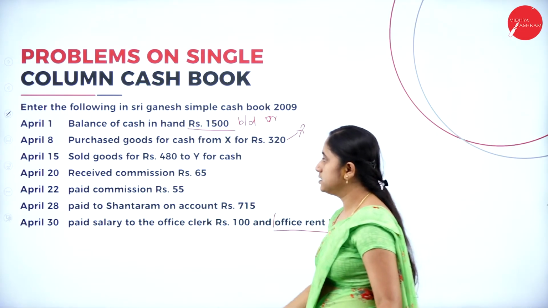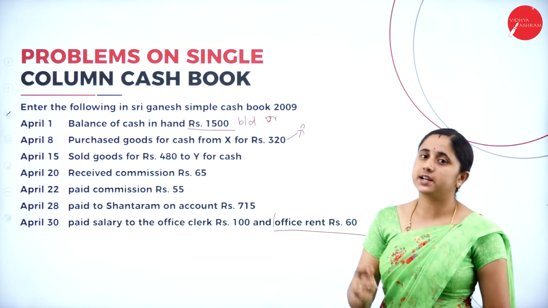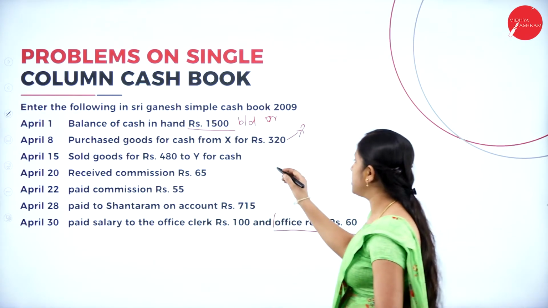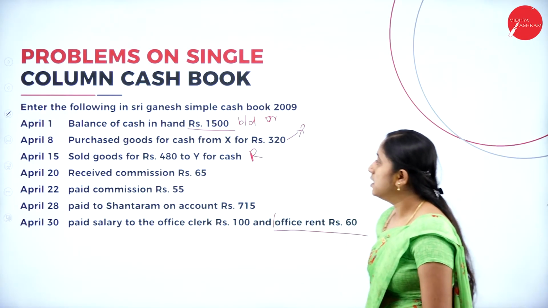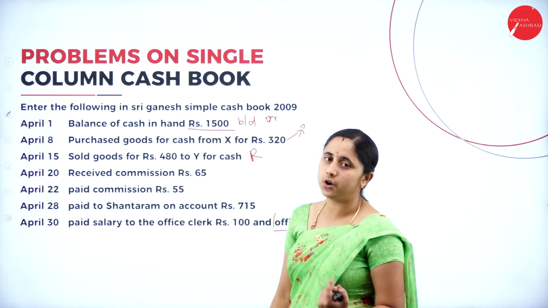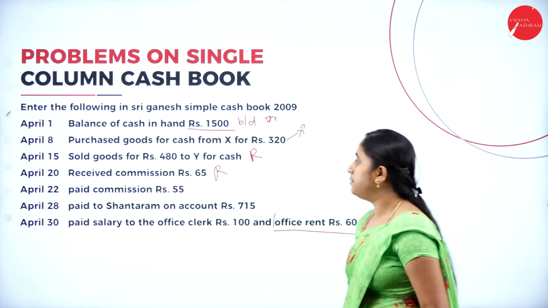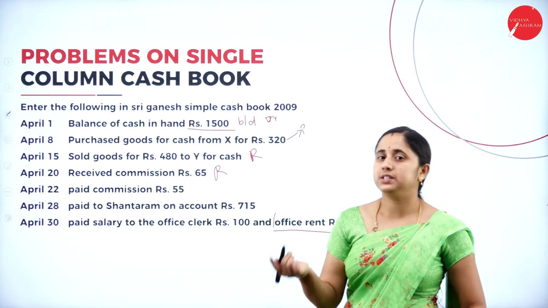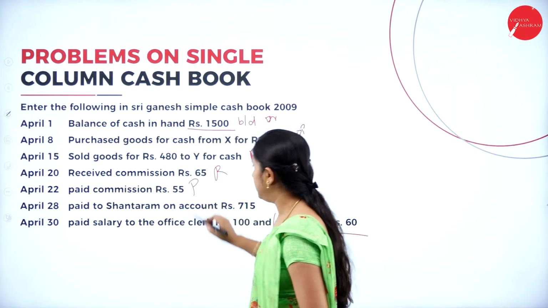Next, sales. Sold goods to Y. Sales is a receipt. That means cash is coming in. So this is the receipt. Received commission is coming in. You are going to receive the commission. So this is receipt. And paid commission, you are going to pay the commission. Cash is going out. So this is the payment.